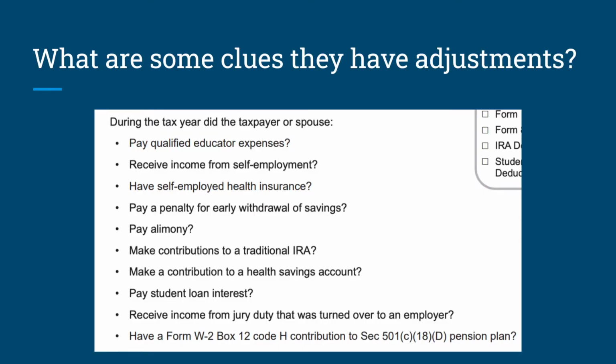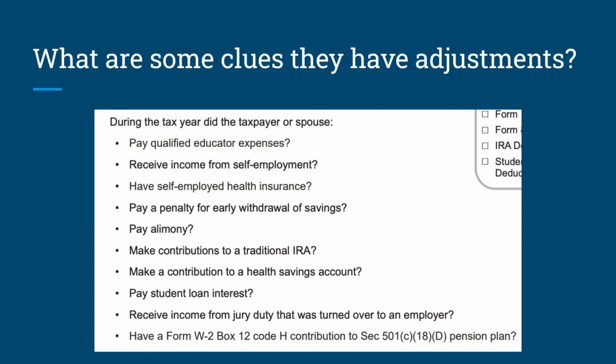And so what are some common clues that a taxpayer may have adjustments to income? Some of the common clues that you can look for when you're preparing a return are: did they pay qualified educator expenses? Did they receive income from self-employment? Did they have self-employed health insurance? Did they pay a penalty for early withdrawal of savings?